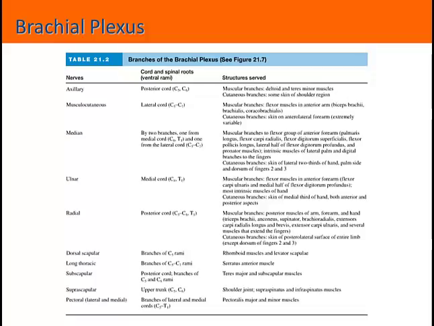And so again, just like with the cervical plexus, your task is to go through this table and complete your workbook identifying each of the nerves that arrive from the brachial plexus, what their origin is, so what the ventral rami are that serve that nerve or ultimately give rise to that nerve, and what structures are served, both sensory and motor, by those specific nerves.